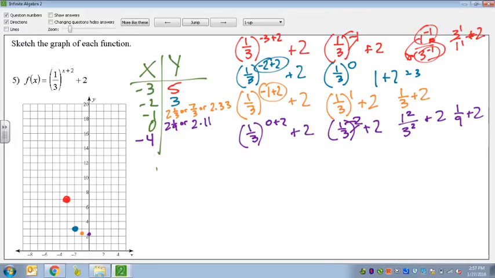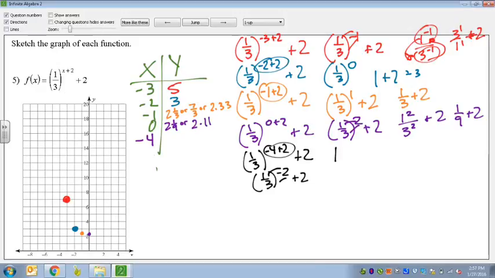So if we plug in -4, in a new color, what color haven't we used yet? Black, okay. So 1/3 to the -4 plus 2, plus 2. -4 plus 2 is 1/3 to the -2. And remember, the exponent applies to both.